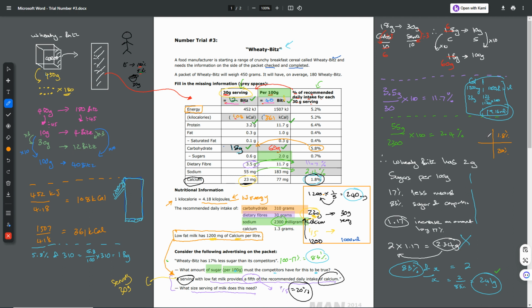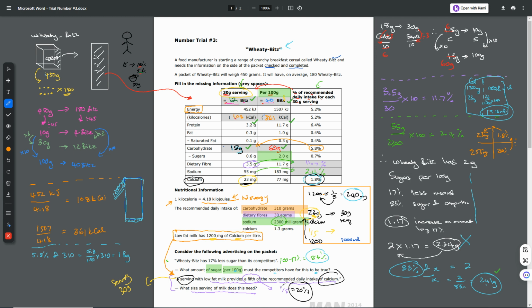Now 1.8% is 23 milligrams. Then I have to divide and then multiply. So 20 divided by 1.8, multiplied by 23 milligrams, comes to 255 milligrams.